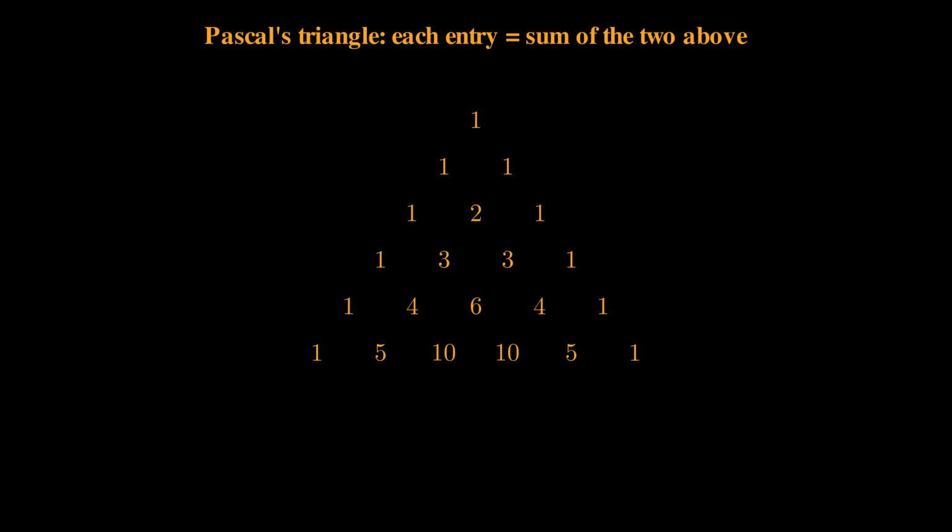And there's our by hand result sitting right there. Row 2 is 1, 2, 1, the coefficients of (a + b) squared, and row 3 is 1, 3, 3, 1, the cube. The triangle is just remembering the pattern for us.